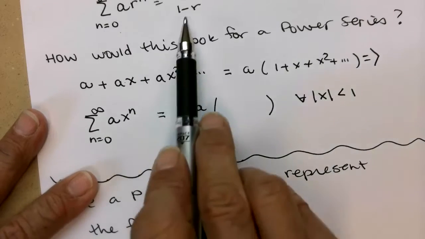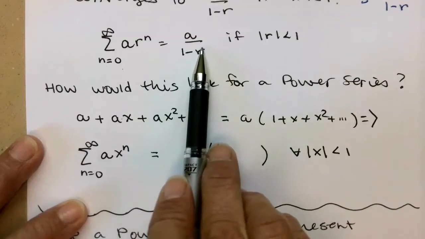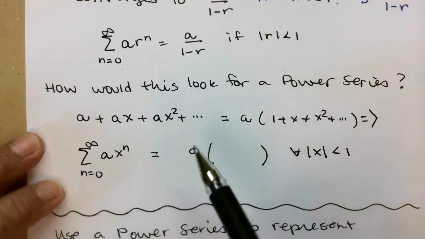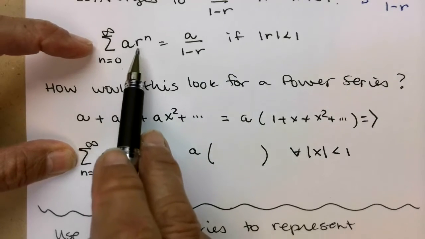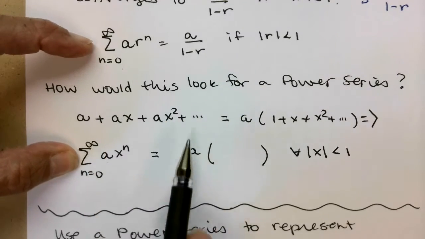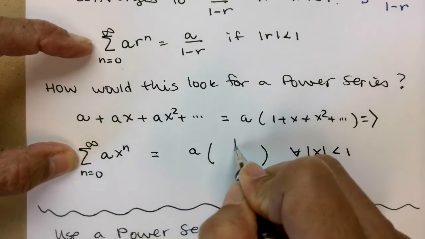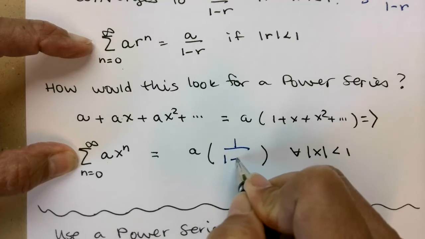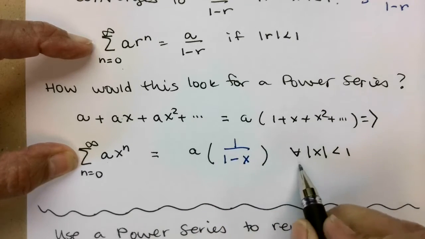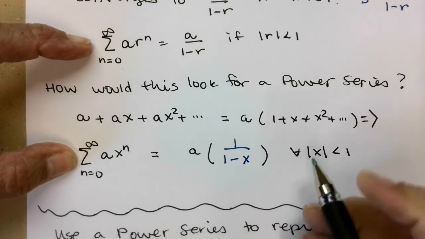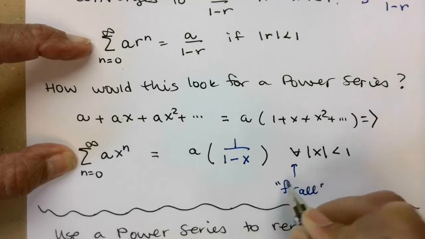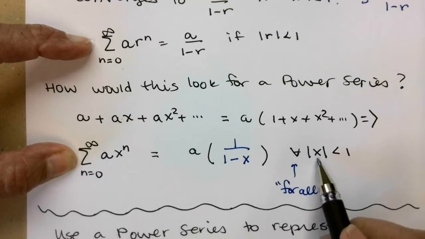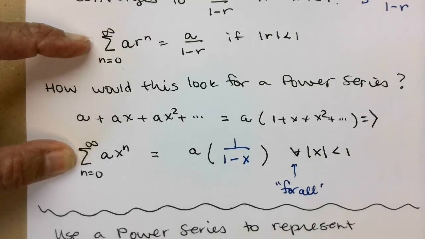Making a comparison between this line with a times x to the n and a times r to the n, it equals a over 1 minus x, for all absolute values of x that are less than 1.